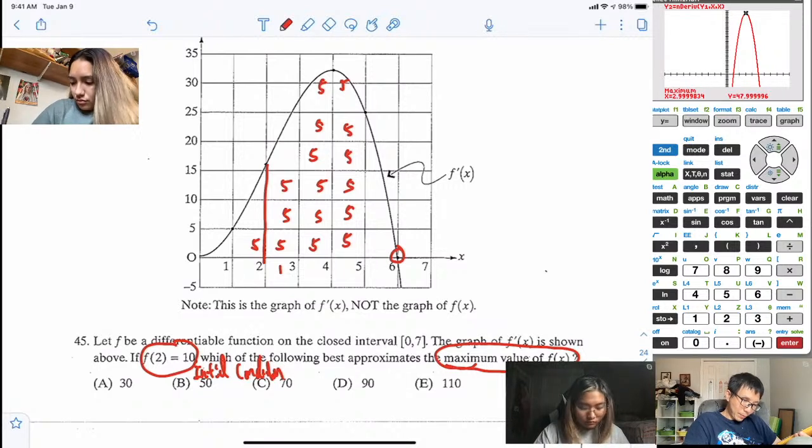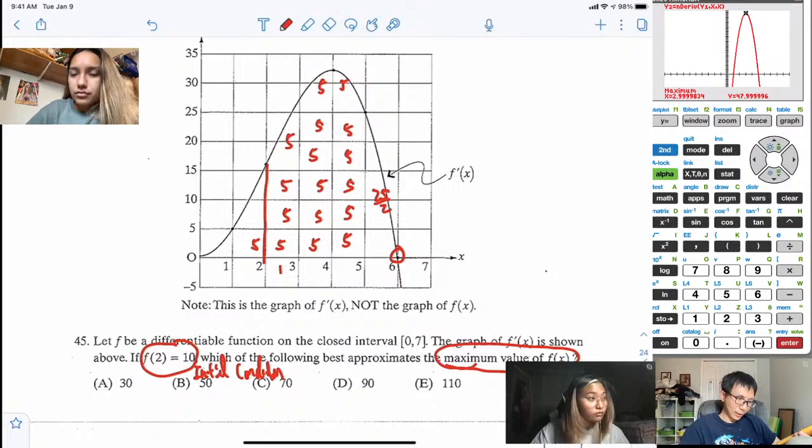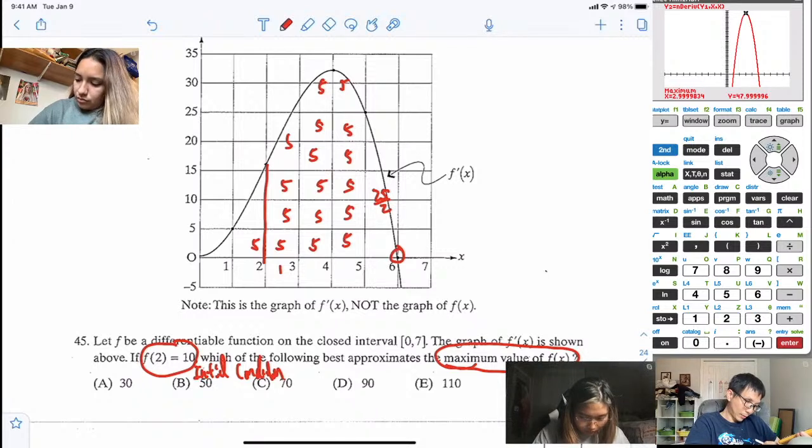And this is probably 25 divided by 2. Oh no, sorry. This one is 15 right here, and this one is 15 here.